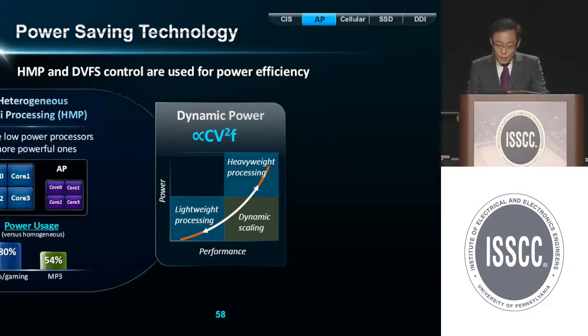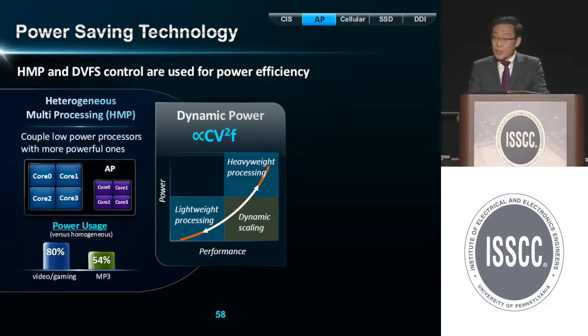The well-known heterogeneous multiprocessing, simply saying HMP architecture, uses this concept, where workload is efficiently matched to the right cores. This scheme results in 20% power saving for video and gaming, and about 50% savings for listening to music.